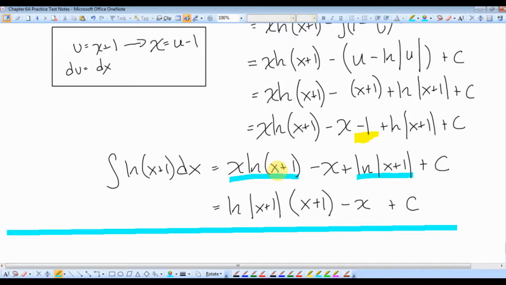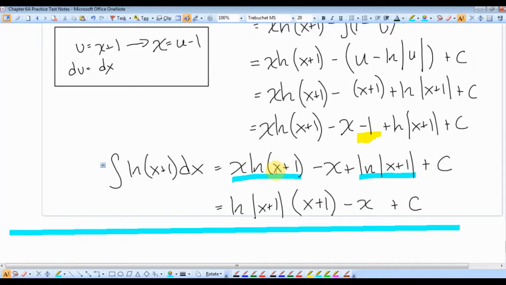In the second one, where you had x times the natural log of x plus 1, what did you do with the x? I factored the natural log of x plus 1. Both underlined blue parts in that line have the same factor, the natural log of x plus 1, so I undistributed it.